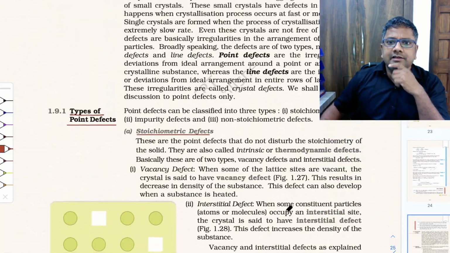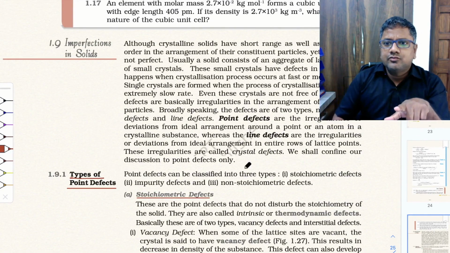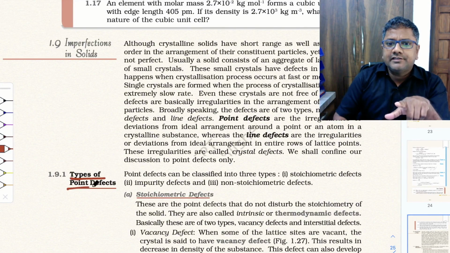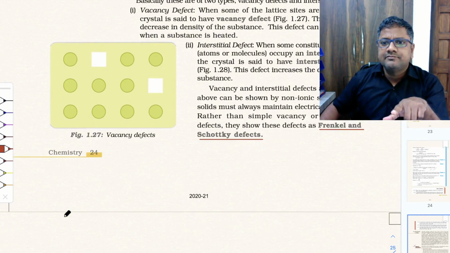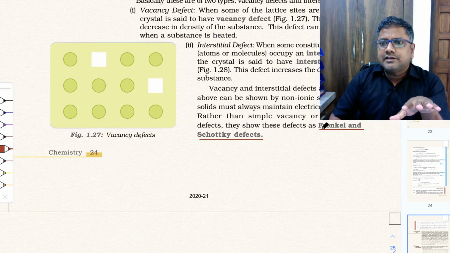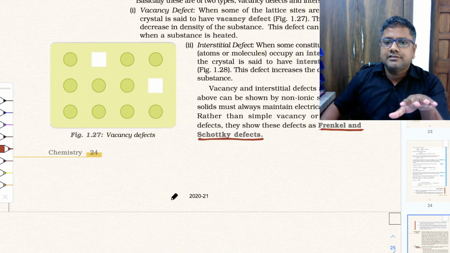See, types of point defects. They have kept only the point defects in your syllabus, right? This is very much in your syllabus, and mainly in this Schottky and Frenkel defects, right?